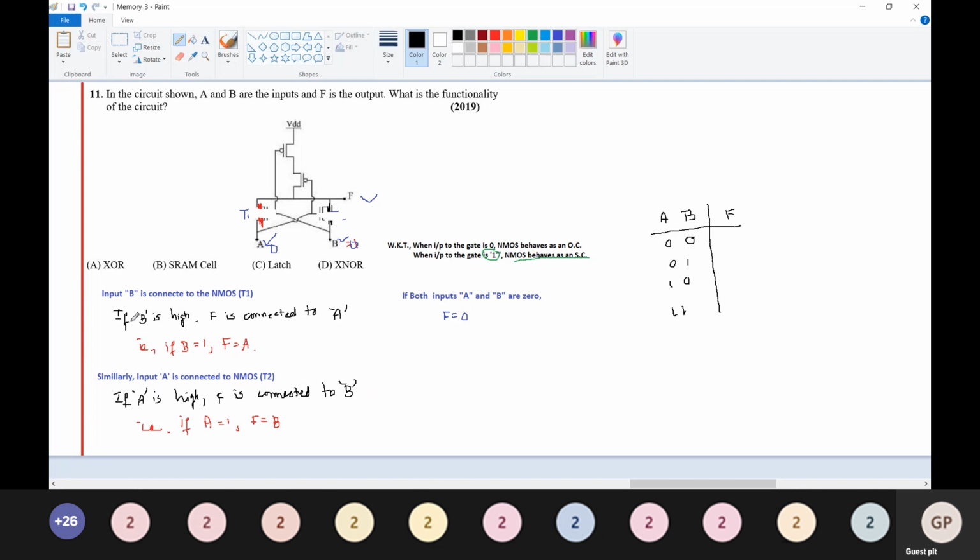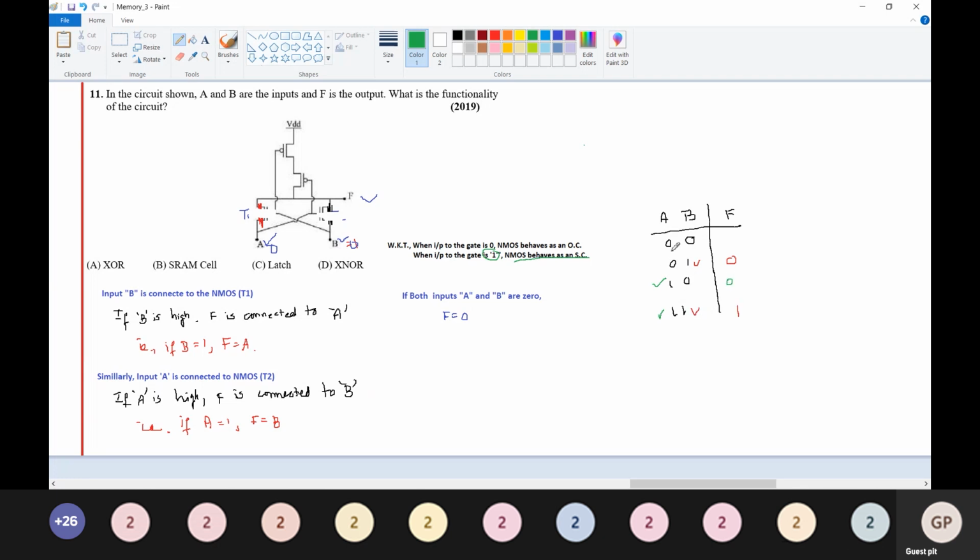Now, if B is equal to 1, F is equal to A. F is equal to A is 0 here and 1 here. Similarly, if A is equal to 1, F is equal to B. F is 0 here, and 1 here.